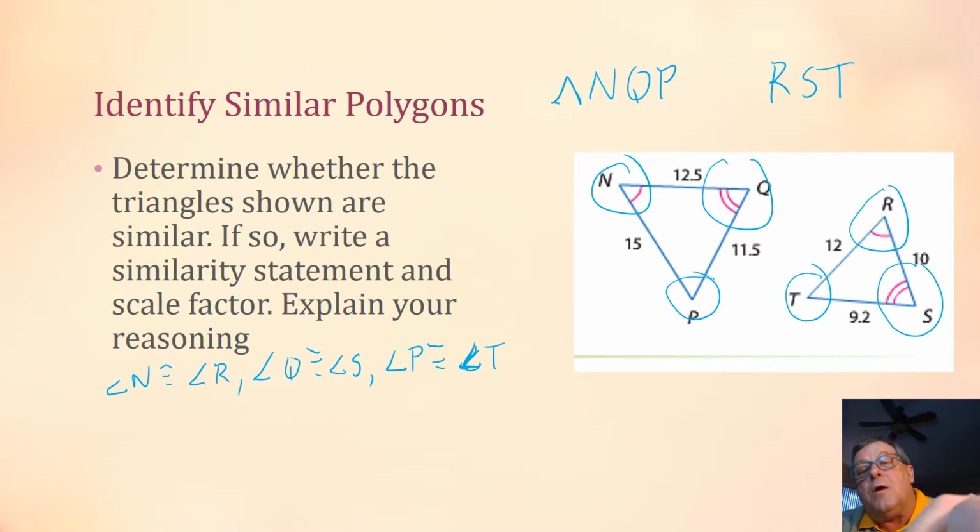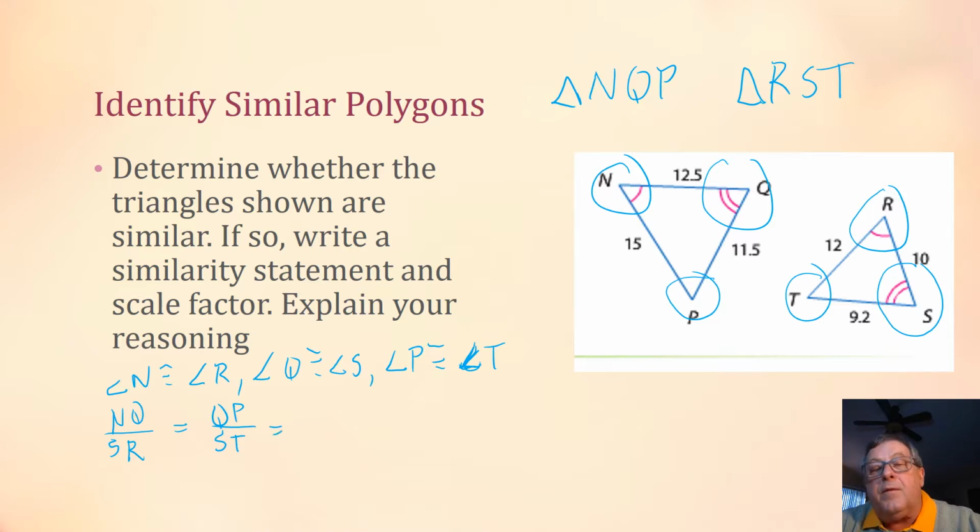Let's see, let's make this triangle, okay? All right, so let's see then. In our proportionality statements, we would have NQ over SR, and that would have to be equal to QP over ST, and then we would have to have a third, which would be PN over TR.